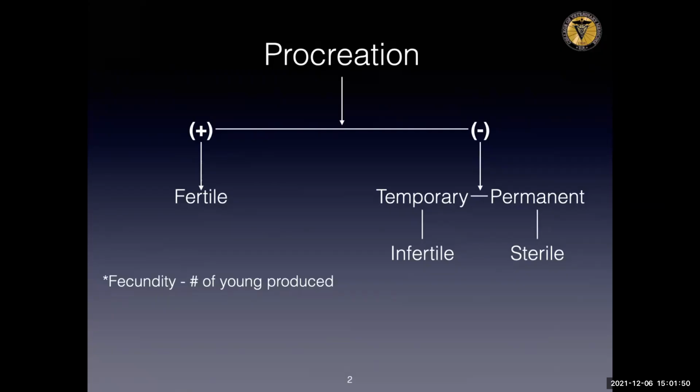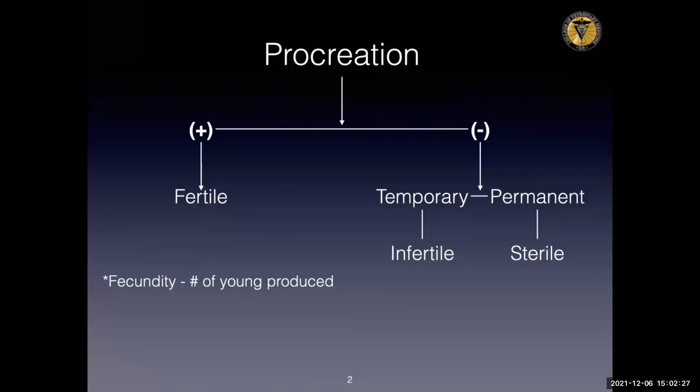It shows that those that are not fertile or not able to procreate may be categorized as having a temporary inability to procreate, which is being infertile, or if it's a permanent state, the proper term is being sterile. Fecundity is the capacity of the mother to deliver more offspring.